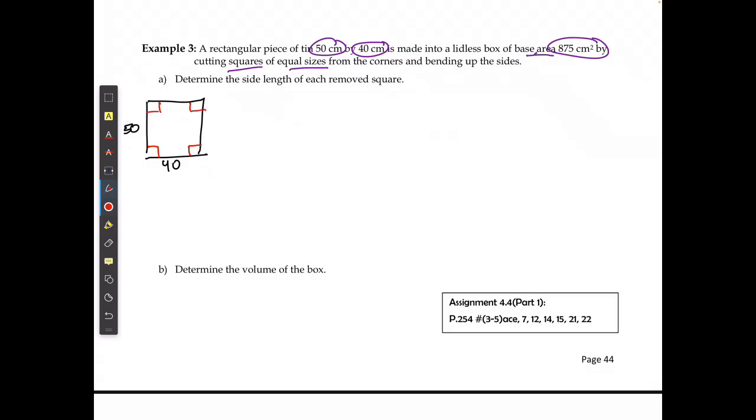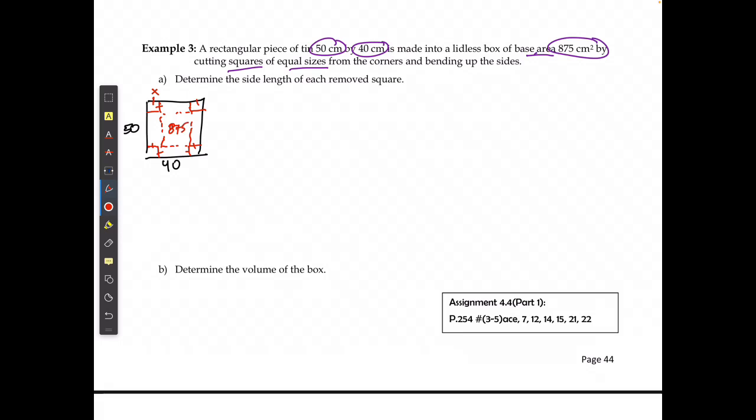The side lengths of the squares are all going to be the same, so I'm going to call those side lengths X. And then I folded up the sides after I cut that out and have a base area in here of 875.